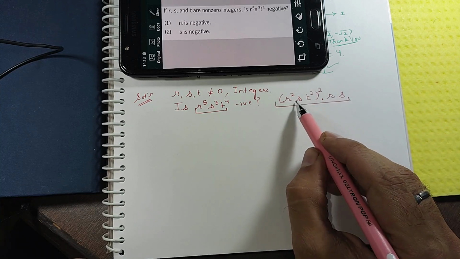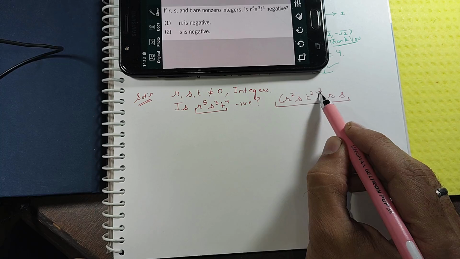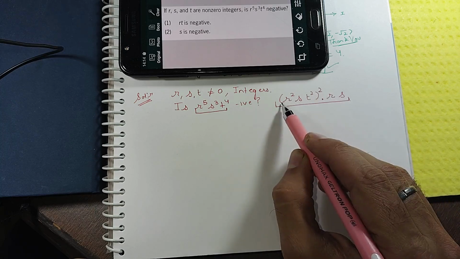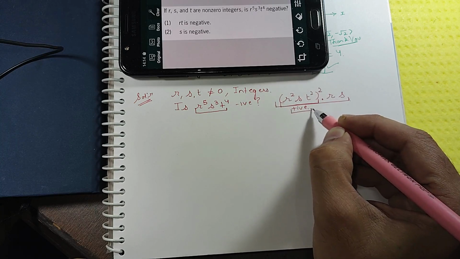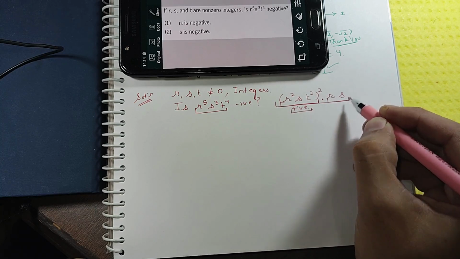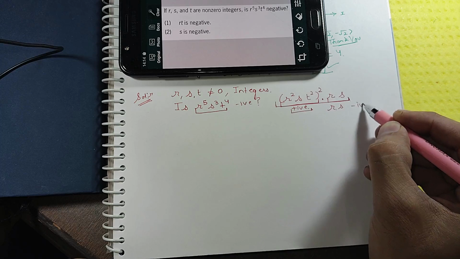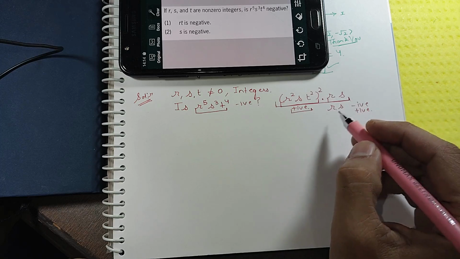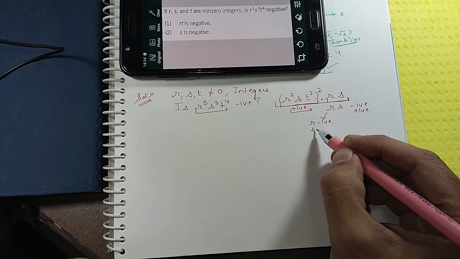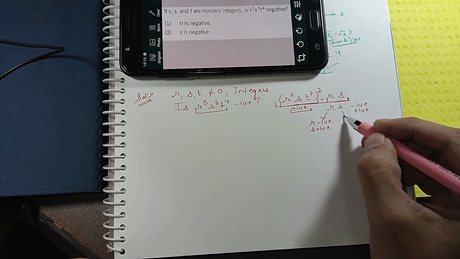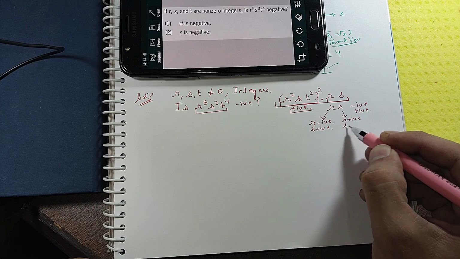Now inside this, since it is a square, it is positive. This expression is always positive, irrespective of the signs inside it. So we need to find whether R into S is negative or positive. Now there are two scenarios. First is when R is negative and S is positive, and the second is when R is positive and S is negative.